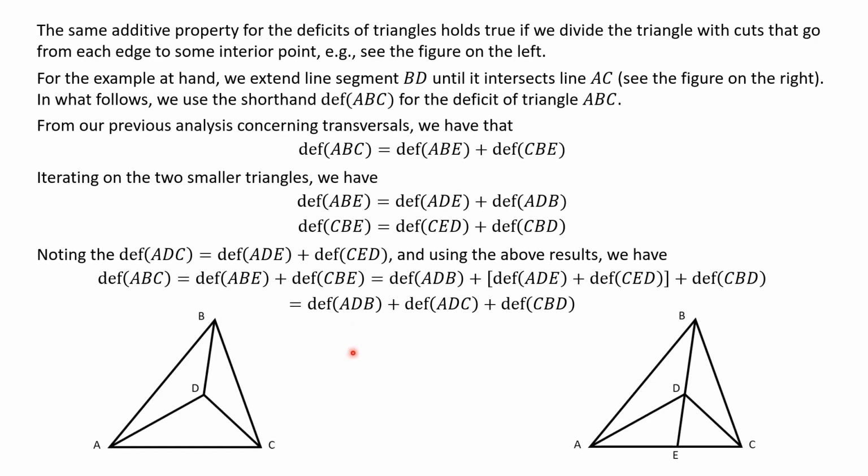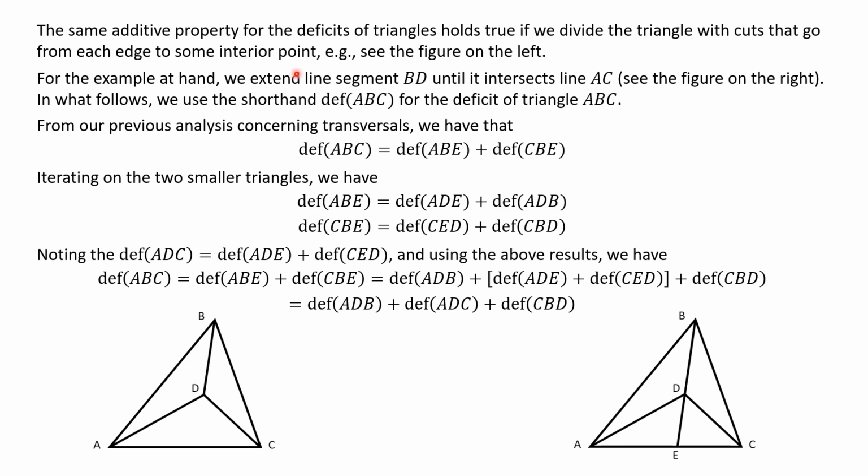We can also take a point in the interior of a triangle, as I'm showing here on the left, and form the triangles ADB, DBC, and ADC by joining to this point. The deficits of these three triangles add up to the deficit of the overall triangle.